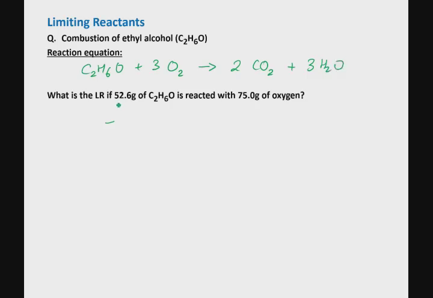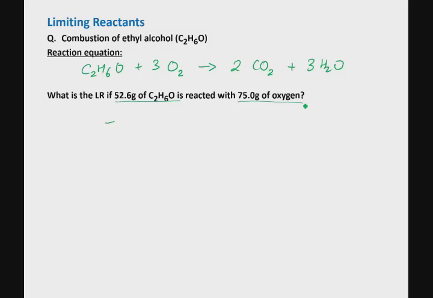Now, given these amounts of the reactants that are used in the reaction, we have to determine the limiting reactant. Let's select a product. You could select water or carbon dioxide, doesn't matter. I selected carbon dioxide.